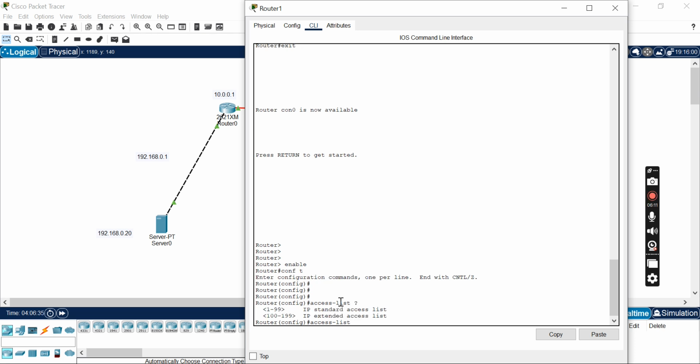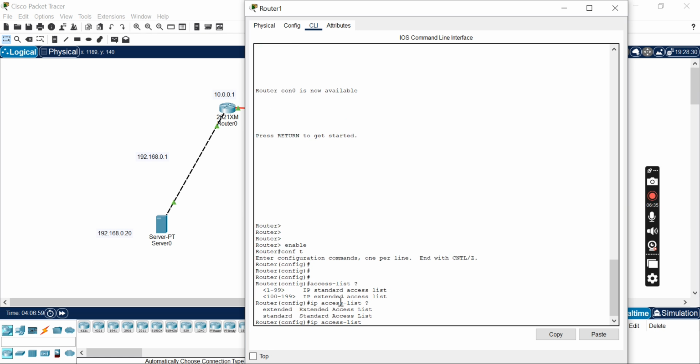I don't need to show you the range of standard and extended ACL. I'm just going to write ip access-list and then a question mark, and then the two categories, extended and standard, will be visible.